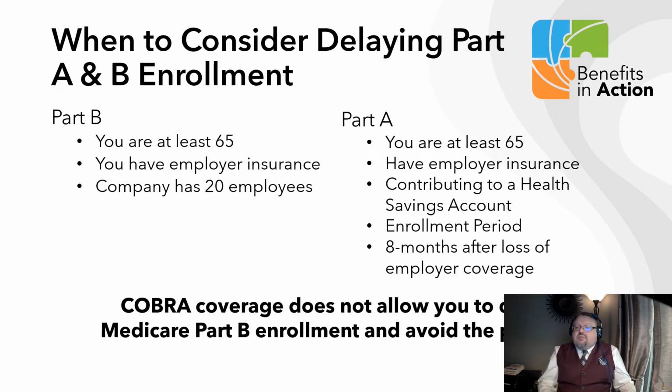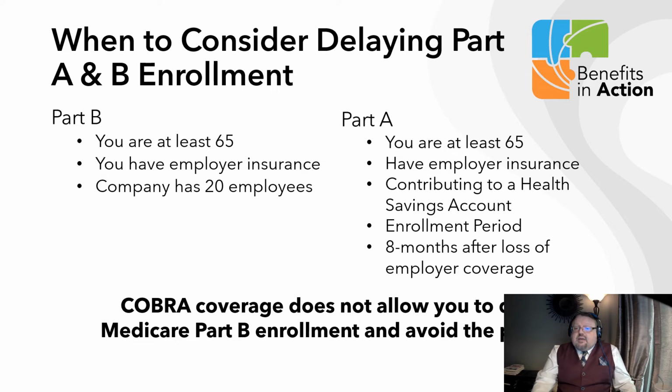So Part A, when you sign up for it as soon as you turn 65, if you have other coverage, becomes secondary to that other coverage and can be used if you are inpatient admitted to cover some of the costs that are not covered under your employer-sponsored coverage.